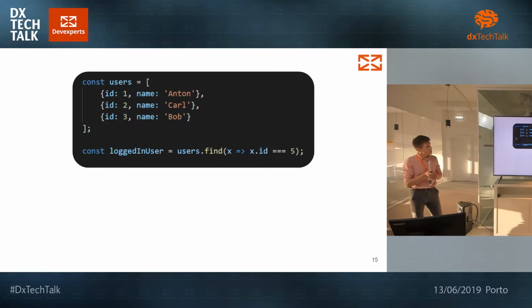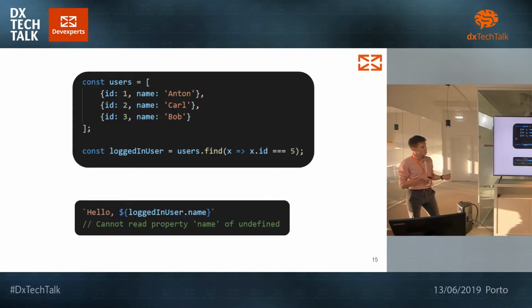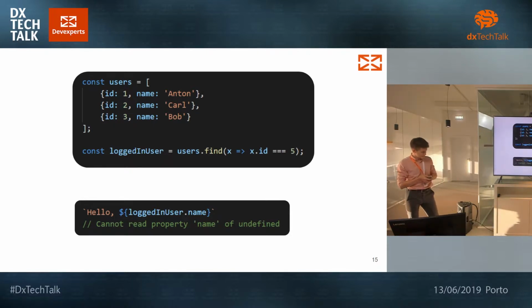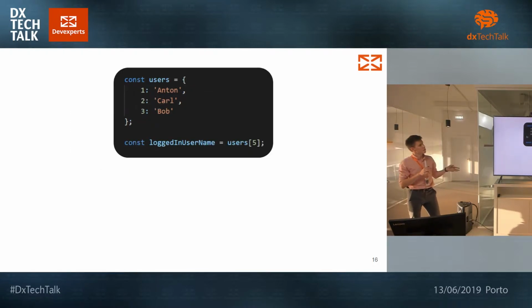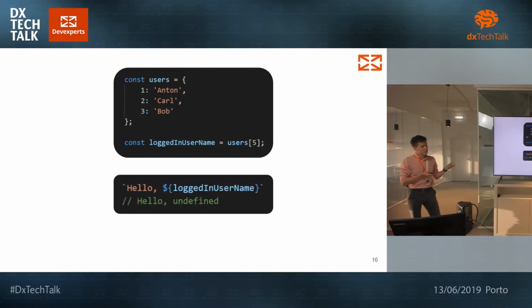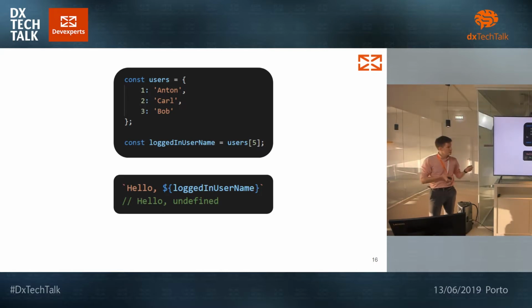And in this case, when we try to access user properties, we will have an error, a runtime exception, red alerts in the console. But if we change this situation a little bit, and instead of an array, we now have a map with IDs as keys and names as values, we will not even get an error. It will be just "hello undefined" in the interface. And I think it's not what we want.